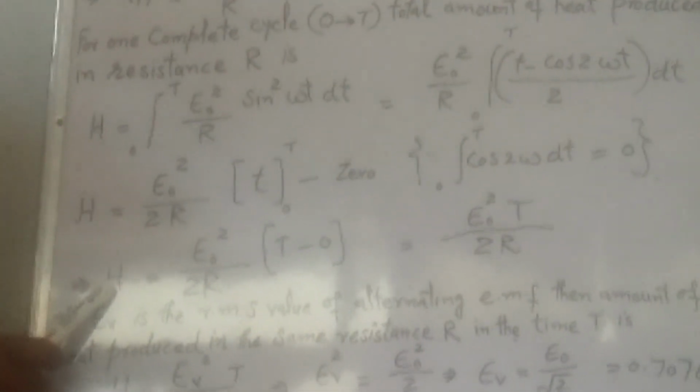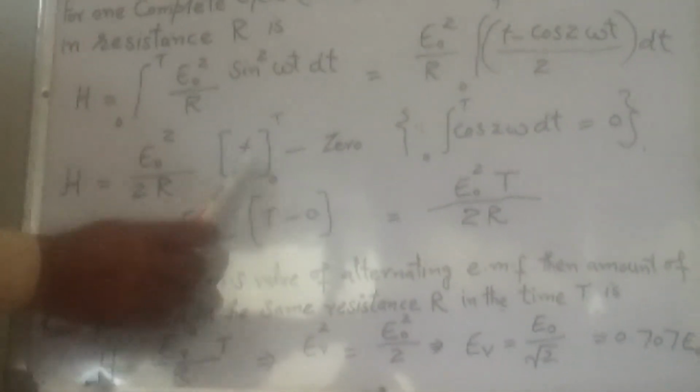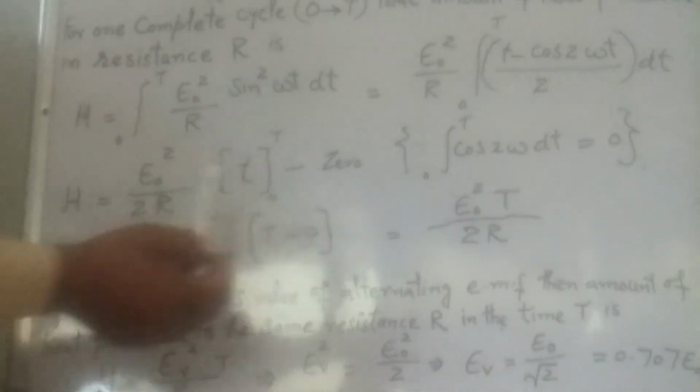Now the value of heat produced H is equal to E0 square by 2R between the limits, that is t minus 0, which will ultimately be equal to E0 square t by 2R.